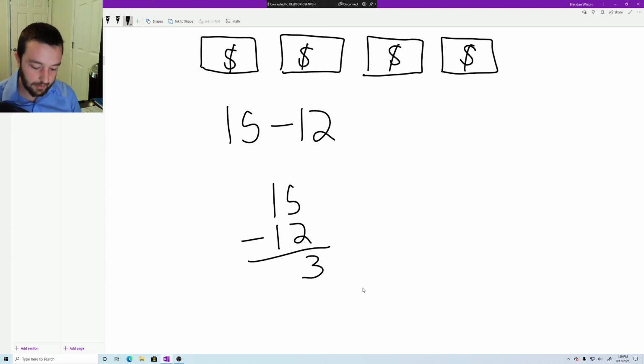So we could either write a 0 or we could just write nothing, because it would be the last digit here. We don't really need to write it. But I'll put it there just because that's kind of what we would naturally do. So our answer here is that we have 3 ones overall. And that makes sense. If we have 15 of something and we take away 12 of them, then yeah, we should have 3 ones.